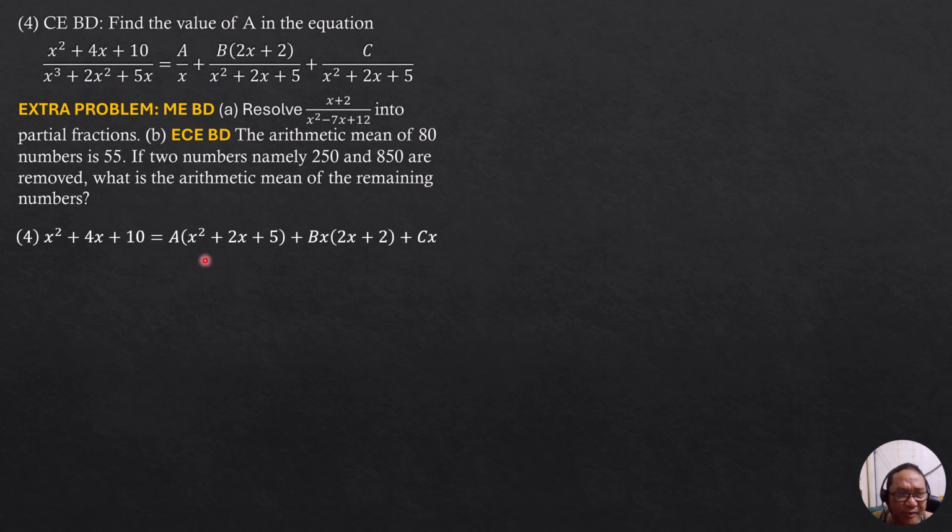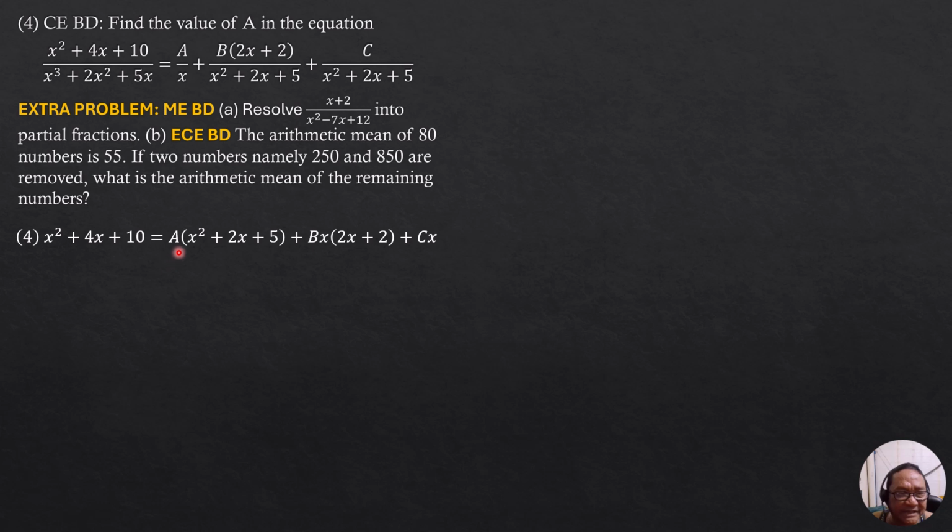To solve for a directly, x is a common factor to the second and the third terms of the right side. So if we set x to 0, these will not be involved, then we can solve for a directly. You can set any value of x. If there are 3 unknowns, you can set 3 different values of x, and solve the 3 simultaneous equations using your high-tech calculator.